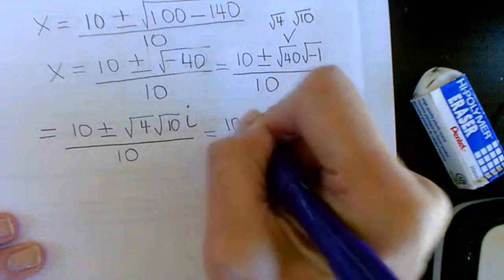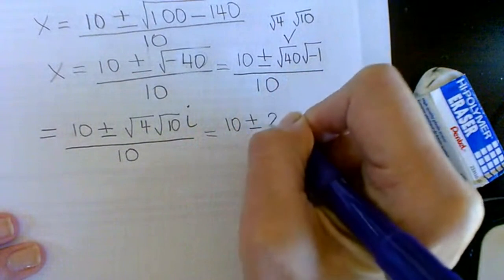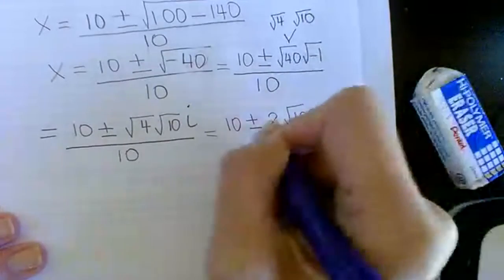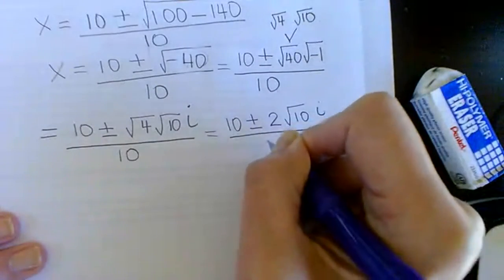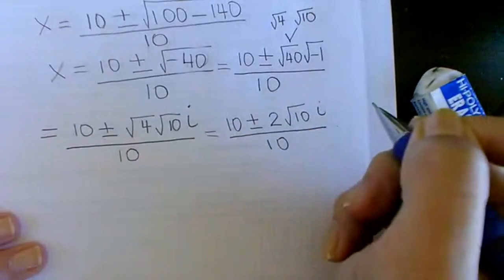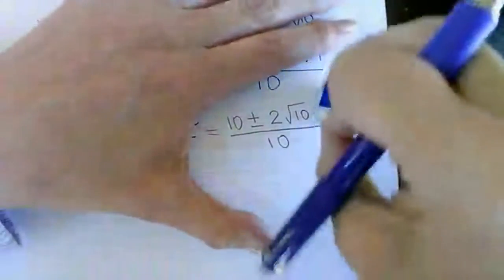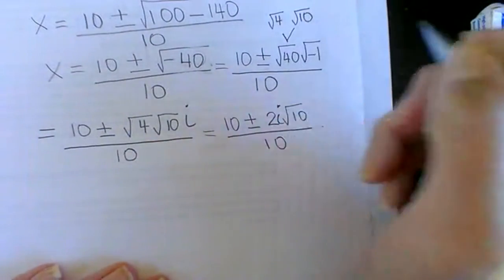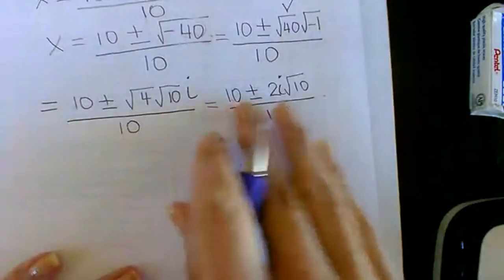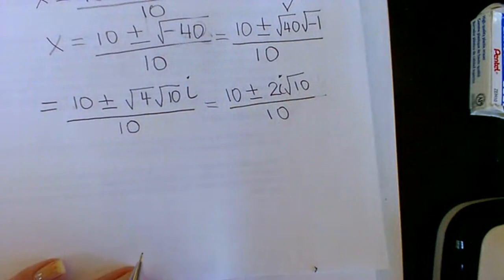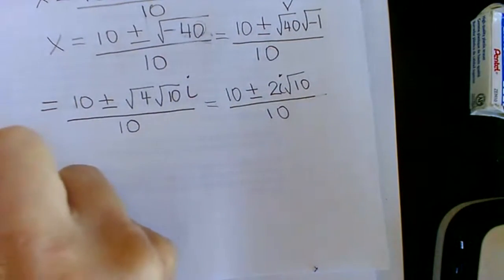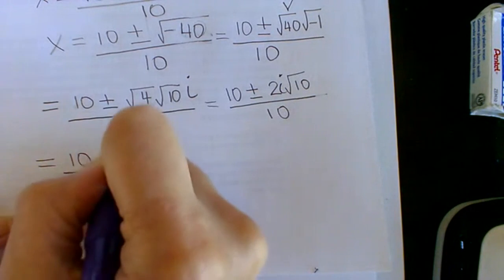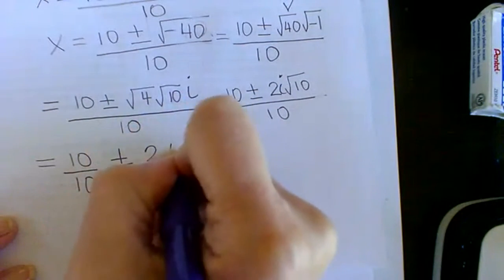So it's going to be 10 plus and minus square root of 2, square root of 10i, divided by 10. Or 2i, yes, you got it, 2i. Now, right here, I could do this. 10 divided by 10, and the plus and the minus 2i.